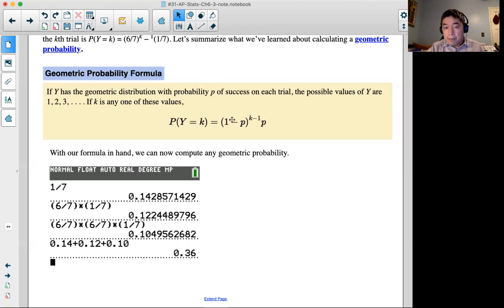Now this is how the geometric probability formula works. It's 1 minus p, which is failure, to the power k minus 1.